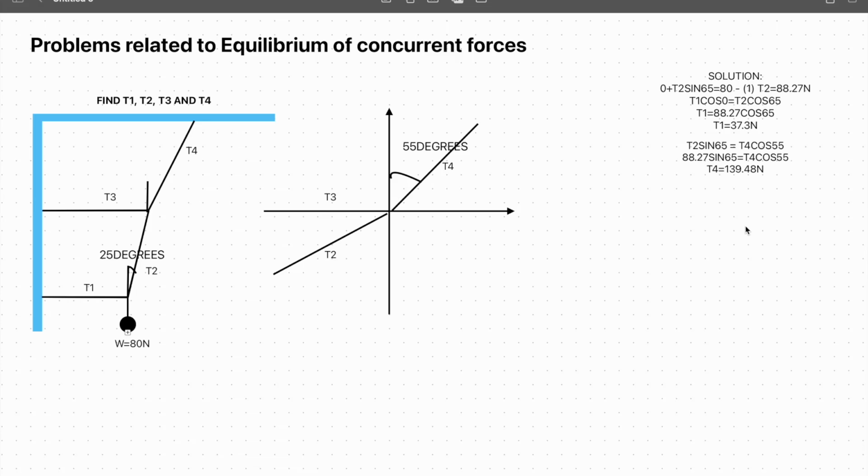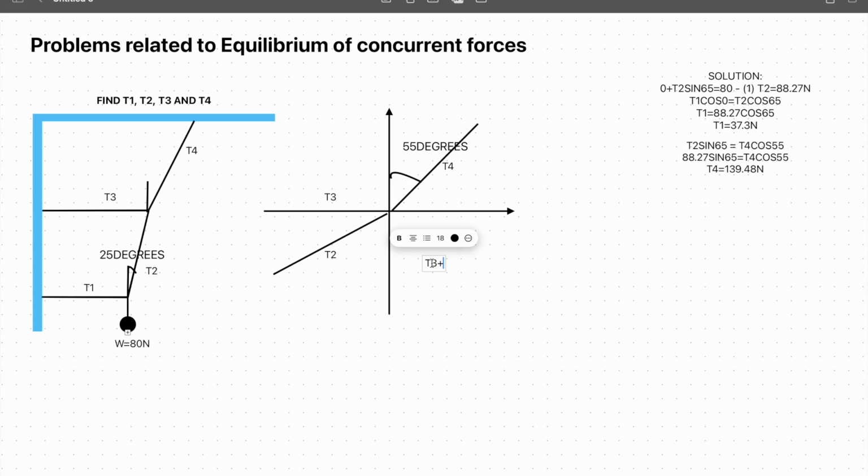We got our T4, T1, T2; the rest is T3. You have to figure it out, it's easy. T3 is working along the x-axis. We have to take the component of T2 along the x-axis as well as the component of T4 along the x-axis, and T3 is working in the same direction as T2 at x.